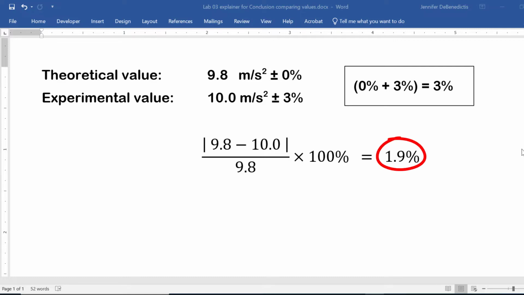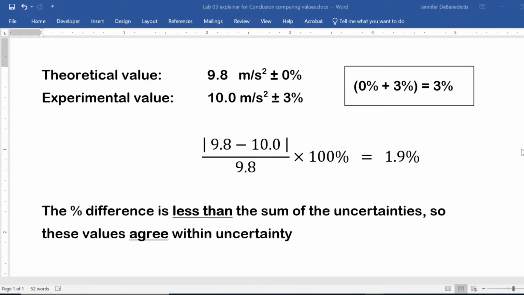The percent discrepancy that you calculated here is a measure of how far different your two values are. So your values agree within uncertainty if the percent difference is less than the sum of the uncertainties. So 3% is the maximum amount of deviation you expect to see, and if you only got 1.9% difference between them, that means your values agree within uncertainty.